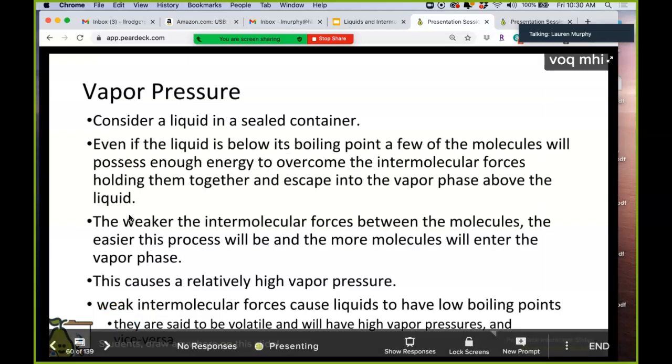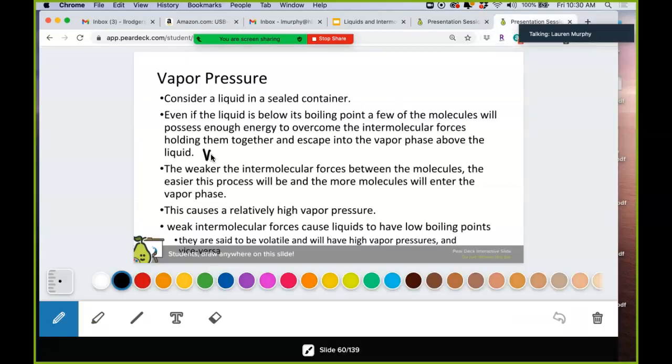If you have weak intermolecular forces, it means those molecules really don't want to be with other molecules of themselves. So they will readily escape into the gas phase easily, and gases exert high vapor pressures.